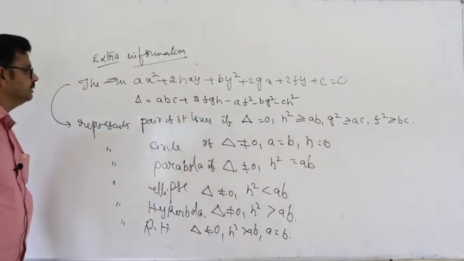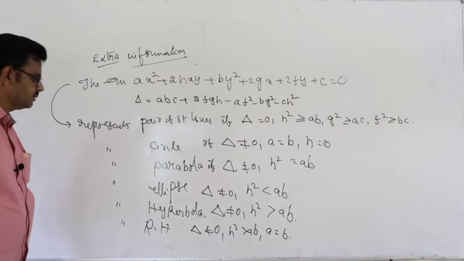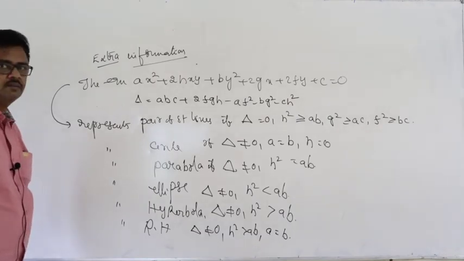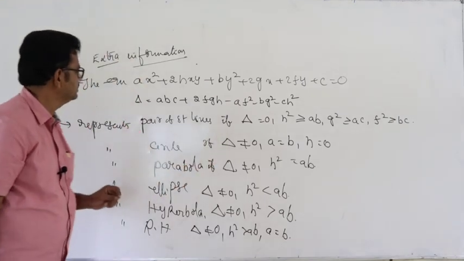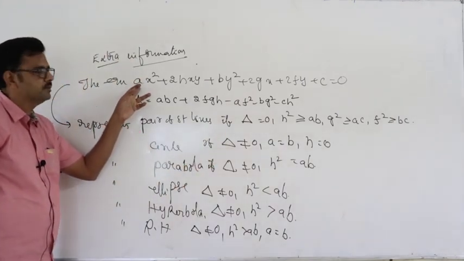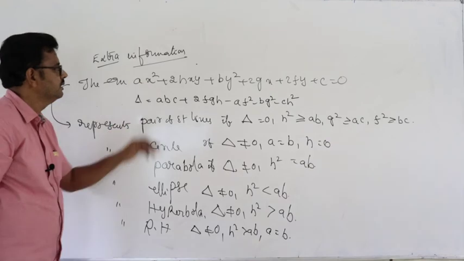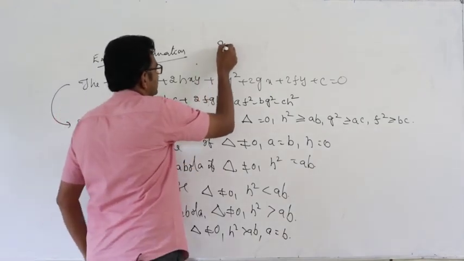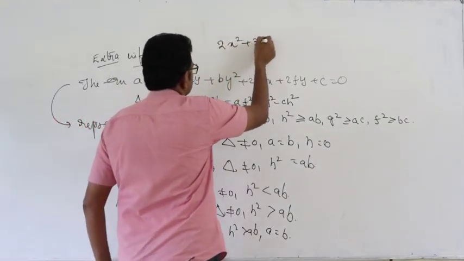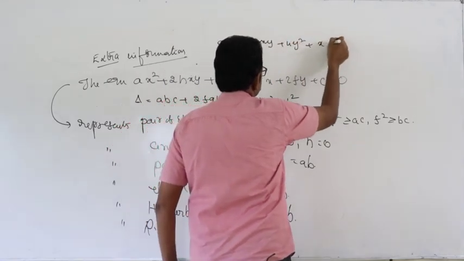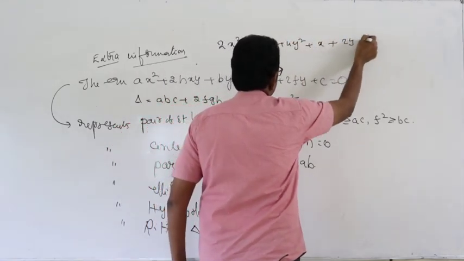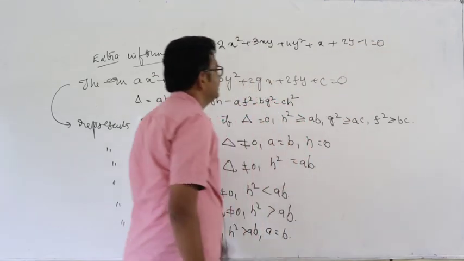The above equation represents a rectangular hyperbola. Okay, some problems are there. If an equation is given, suppose 2x square plus 3xy plus 4y square plus x plus 2y minus 1 equal to 0.